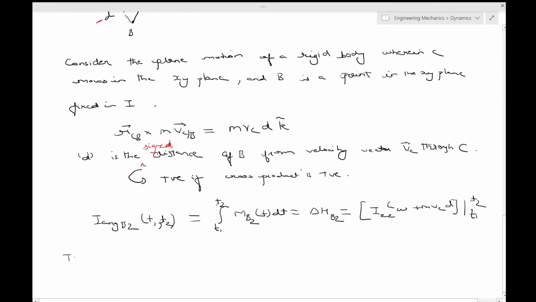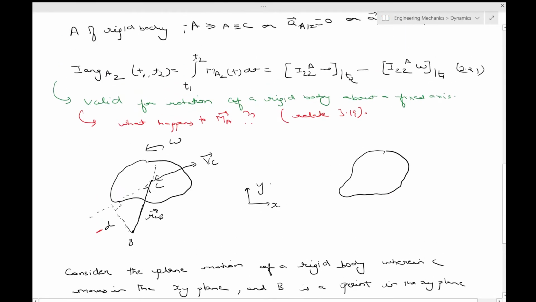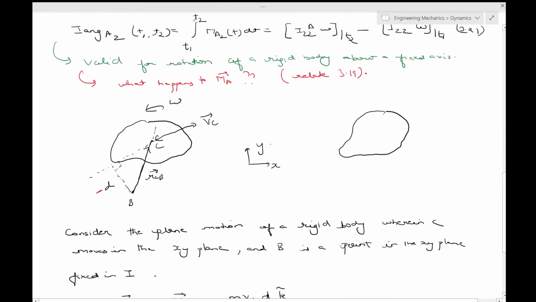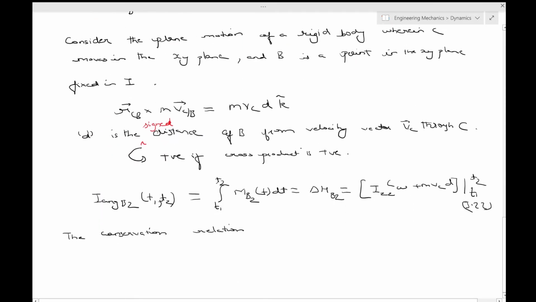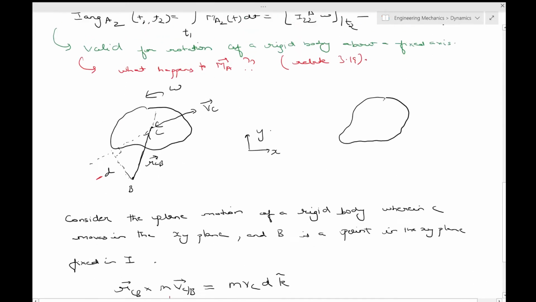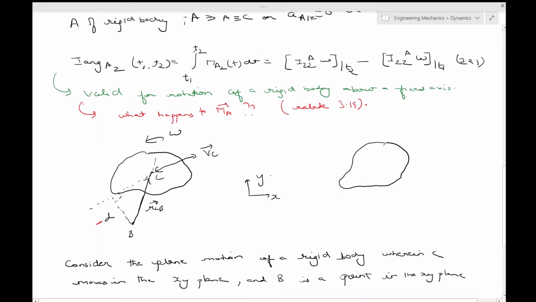Now the conservation relations corresponding to this, so this is equation 3.22. We have 3.21 and 3.22. So first let's write 3.21. So this is the angular impulse about A in the Z direction.